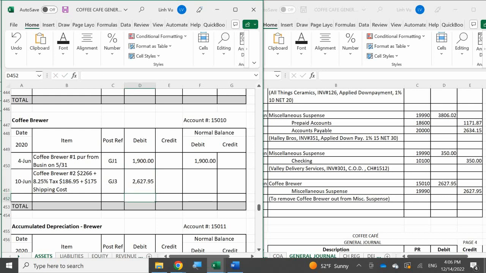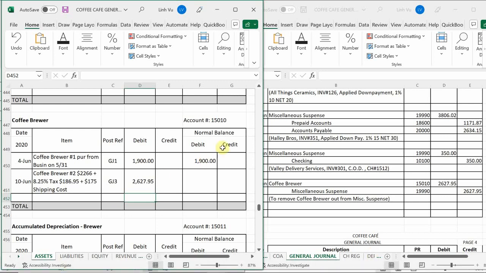So the combination between the 2 coffee brewers that you have here, you're going to get a grand total of coffee brewers to be $4,527.95 worth of coffee brewers. The first one is $1,900. Second one is $2,627.95.